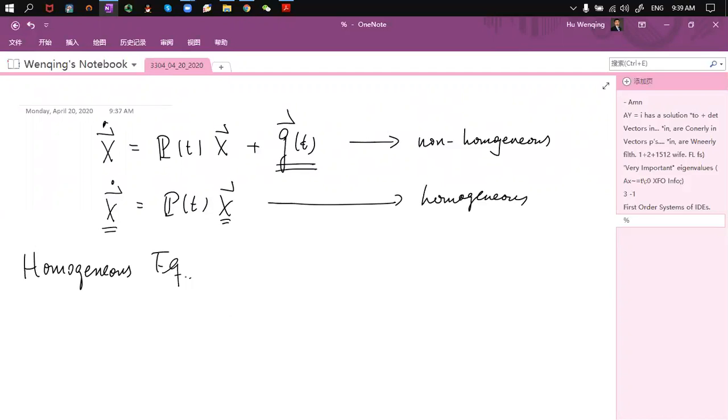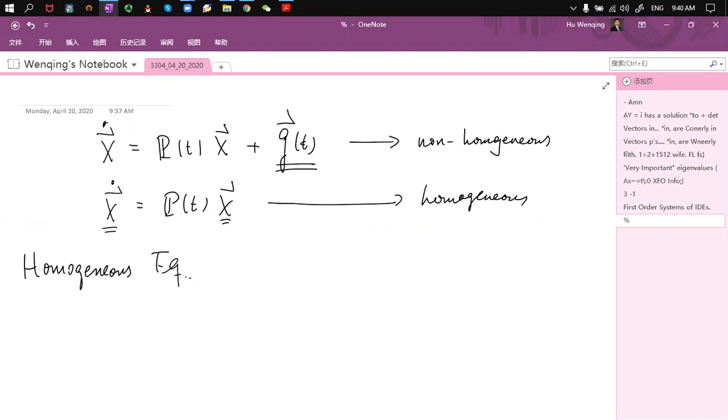Once you know how to solve it, you research how to solve a non-homogeneous equation by using methods like the method of undetermined coefficients and the method of variation of parameters. That's what happened in the previous chapters.